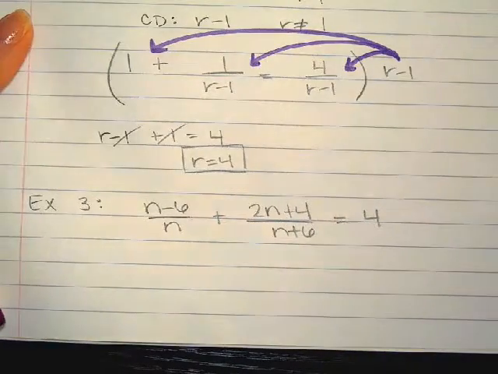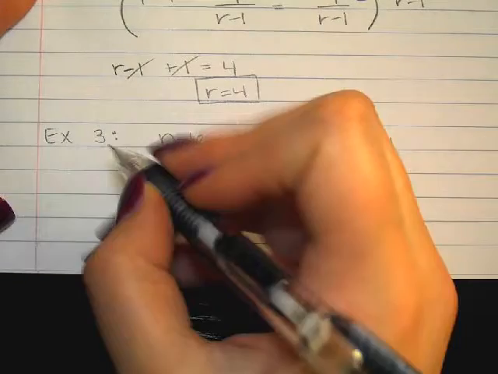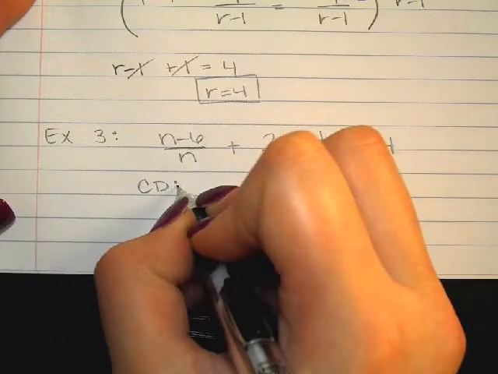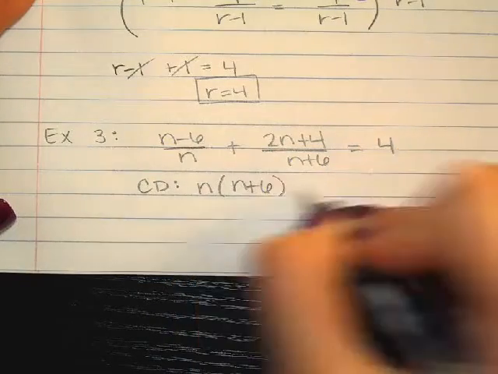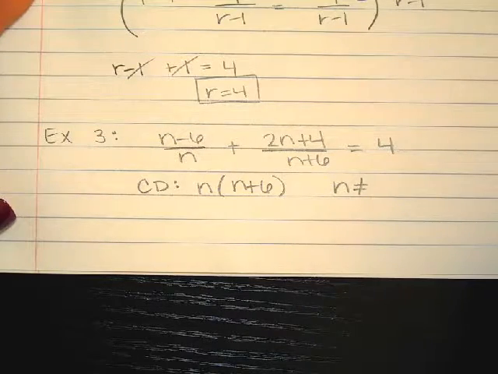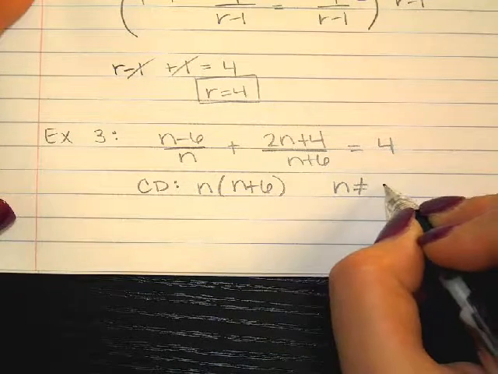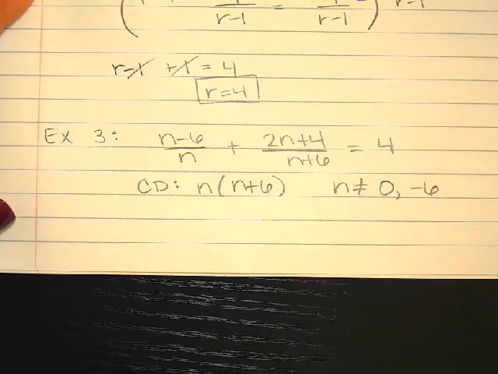Okay, so for this one, the common denominator is n times n plus 6, because of the denominators, right? And our excluded values, we cannot have, you're close, negative 6.